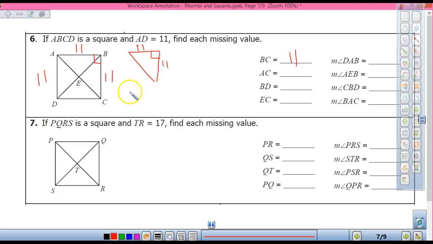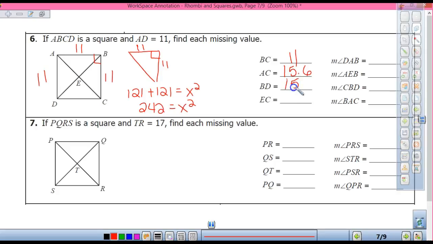So what am I doing? 11 squared, which is 121, plus 121 equals x squared. So 242 equals x squared. So x is 15.6. Okay, so if AC is 15.6, what does BD have to be? 15.6.